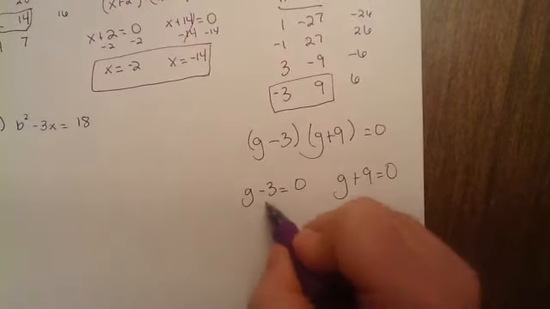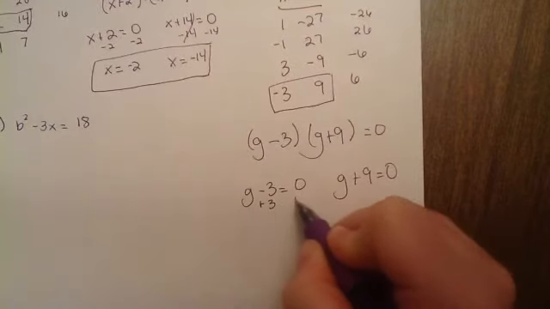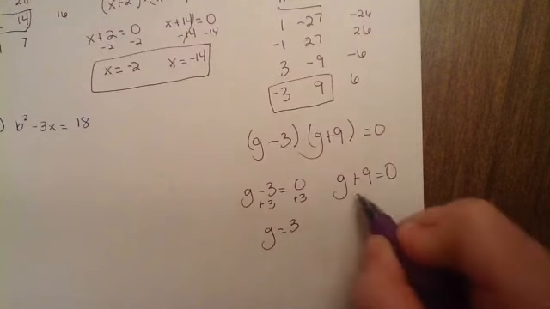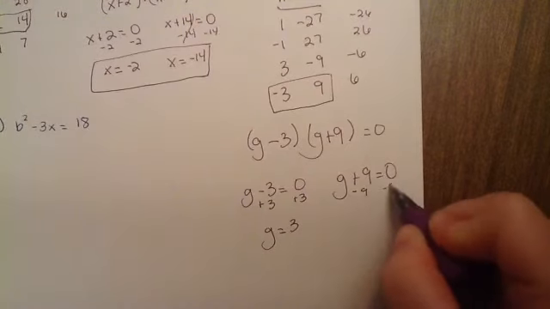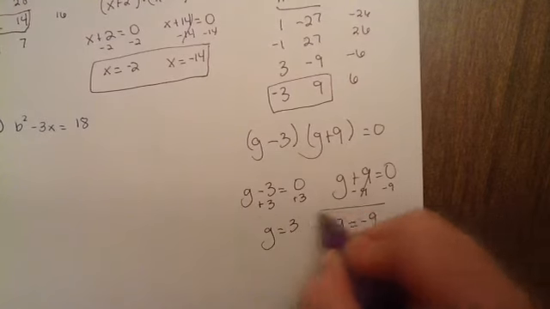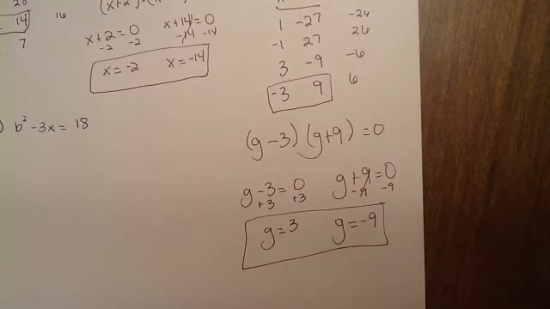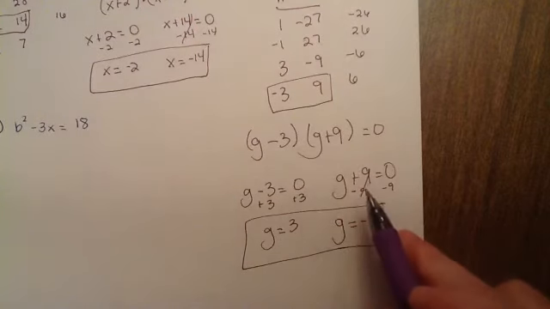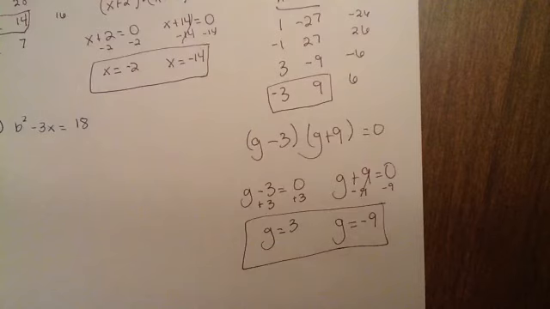And when you solve, add 3 and you get g equals 3, minus 9, g equals negative 9. So the two values that would make that equal 0 would be 3 and negative 9. Factor, set each piece equal to 0, and solve. Nice job today, mathematicians.